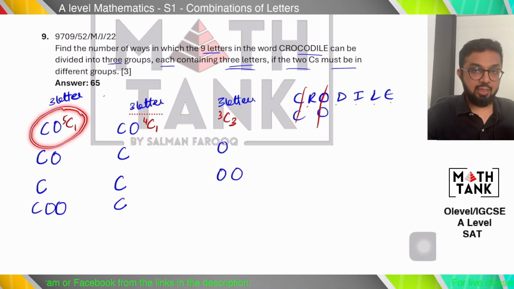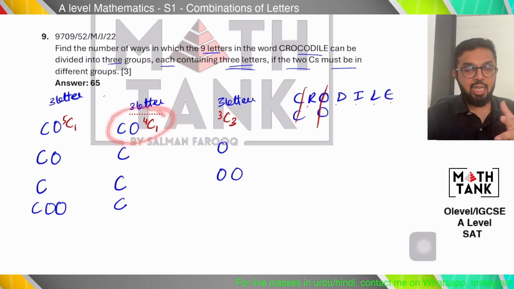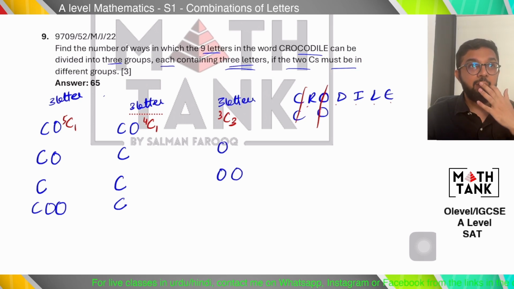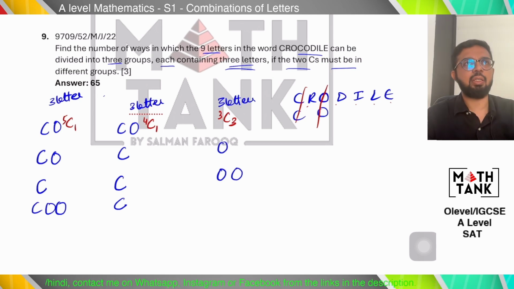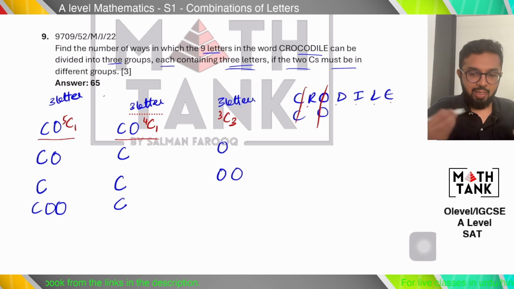So the combinations that I've counted here are COR, COD, COI, COL, COE. Now when I say 4 again, 5 into 4, 20, I'm doing a lot of double counting, and the reason is that I'm again counting. If I've just eliminated R, let's say, I'm counting COD, COI, COL, COE again. So these groups will have a lot of repetitions in them.